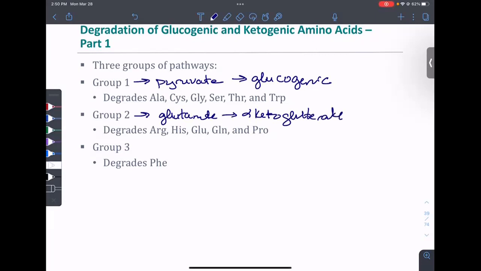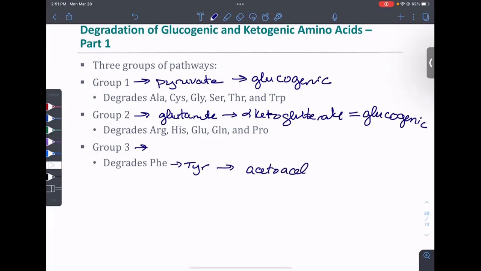And so those are also going to be glucogenic. And then we have group 3, and it's not only phenylalanine, but phenylalanine is really, really important because phenylalanine actually gets converted to tyrosine, which is the only way that we get tyrosine. And then it's converted to acetyl-CoA. And so that makes this ketogenic, because we can make ketone bodies.